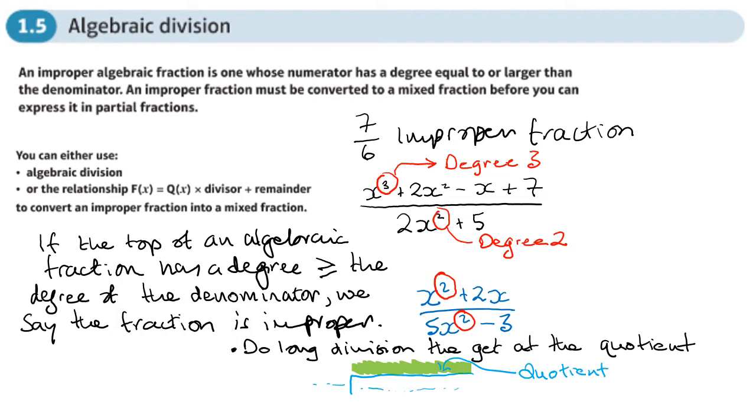This bit here, what we're dividing by, that is called the divisor. And then you may have some stuff left over down here, and whatever you have left over down here, that's the remainder.